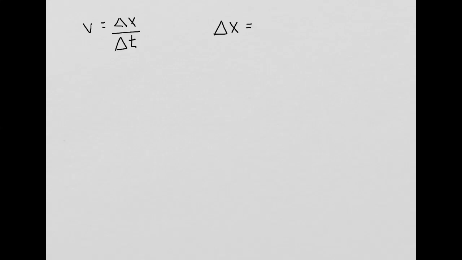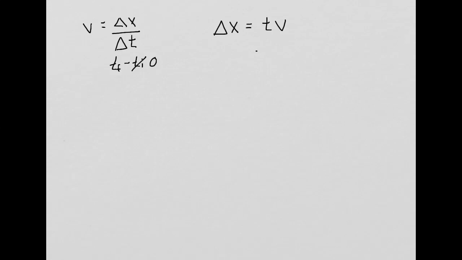And what I mean by that is this is really just t final minus t initial. And if t initial is 0, we're just really talking about the final time. So I'm going to write that as v times t. So velocity times time equals position.